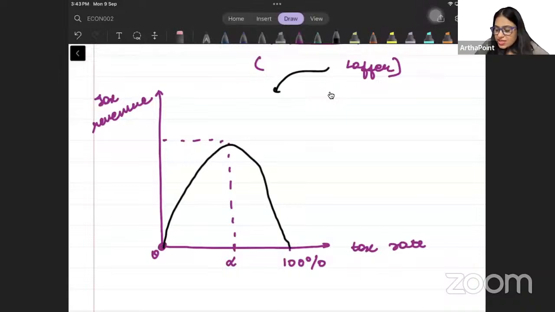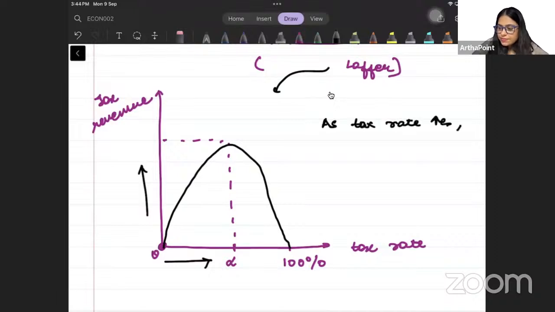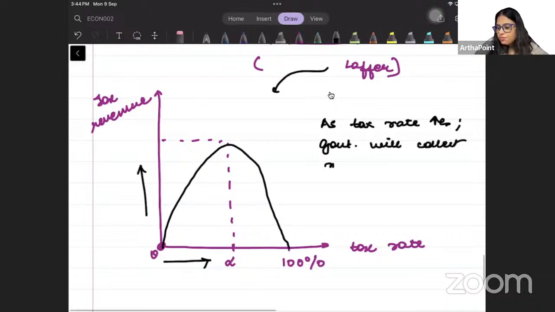Initially, जैसे जैसे आप टैक्स रेट बढ़ाओगे, टैक्स रेवेन्यू विल इंक्रीज. सो इनिशियली as tax rate increases, government will collect more tax revenue. ज्यादा पैसा कमाएगी गवर्नमेंट. गवर्नमेंट will earn more tax.